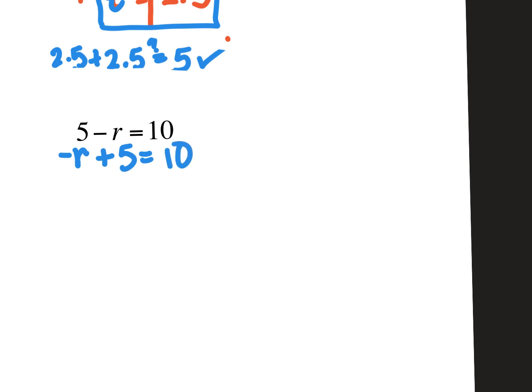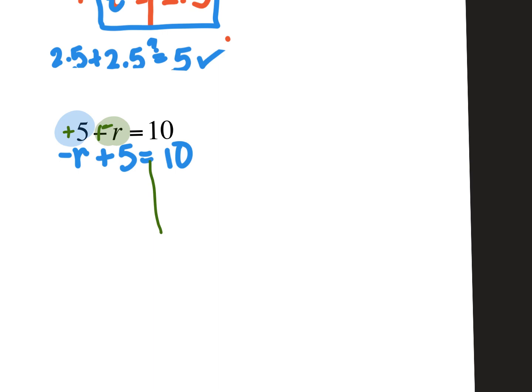Just a refresher on integers, the sign in front of it is what goes with it. So if you remember, we learned before that I can add a negative is the same as subtracting. So we know I have a negative r, and then that's a positive 5 because there's no sign in front of it. Now, do your one step.